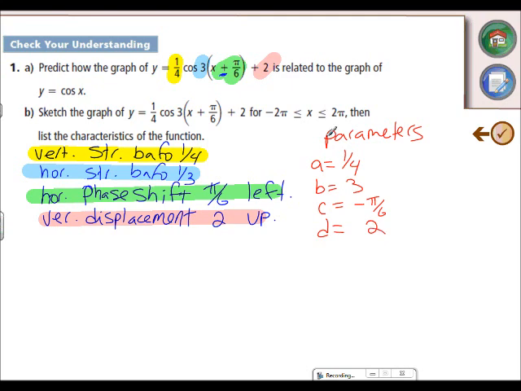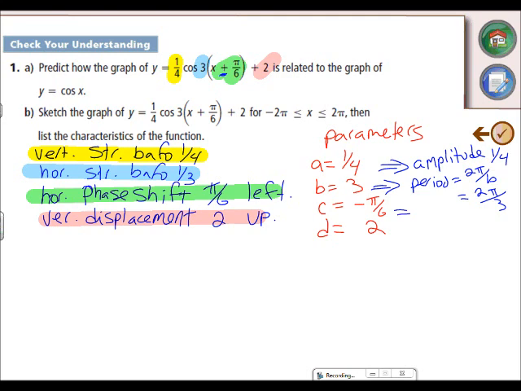From there, we can start writing our characteristics. The amplitude is the 1/4. That's what goes to the A. The B value allows us to find our period. Period is equal to 2 pi over the B. The original period, which is 2 pi, divided by the B, or multiplied by the stretch factor of 1/3, which gives us 2 pi over 3.